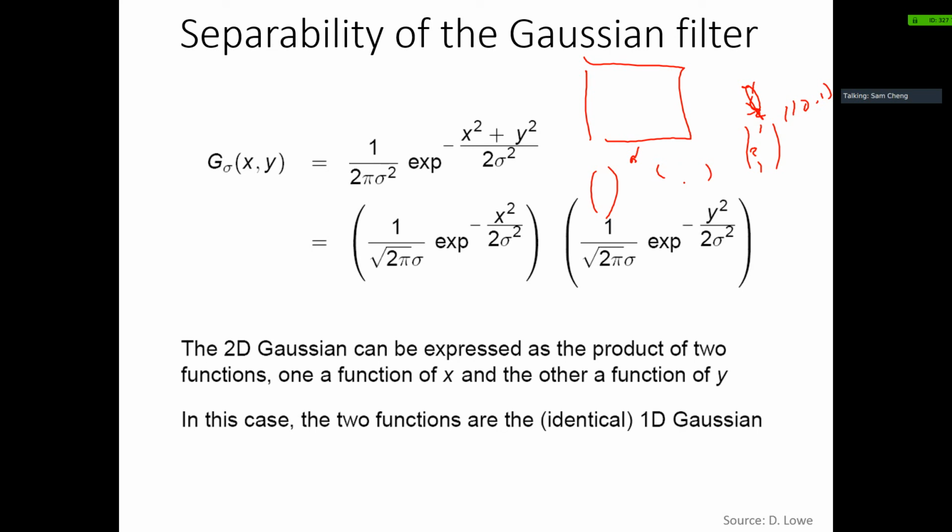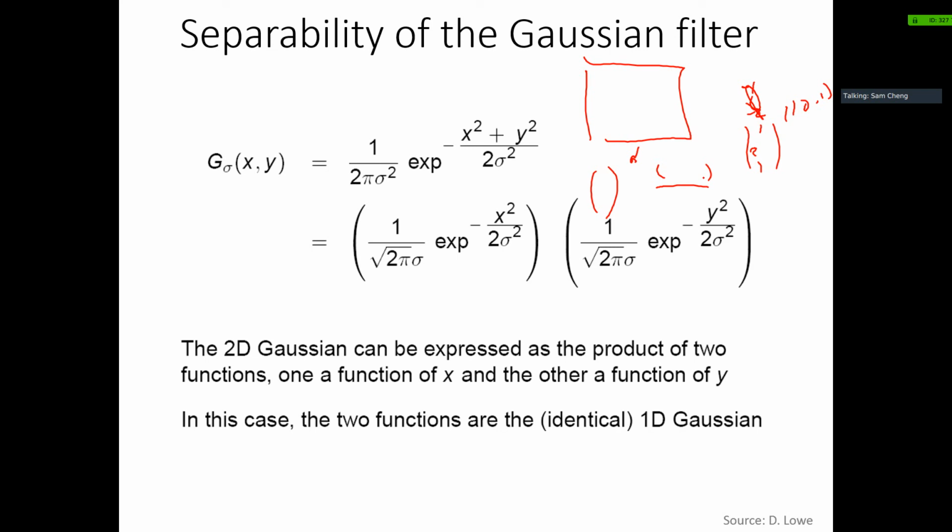And then you can operate first row by row, and then column by column. If you count the number of operations, doing this is more computationally efficient than computing the filter at one time.